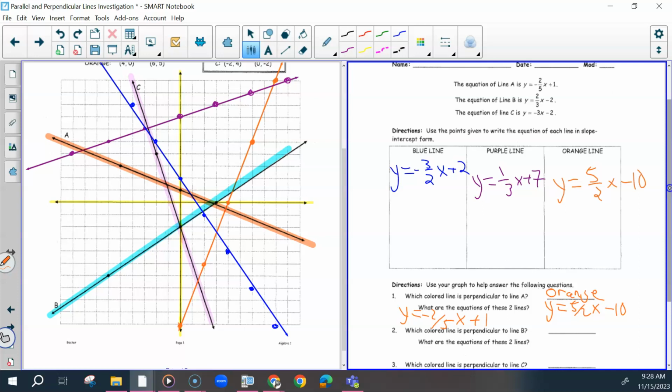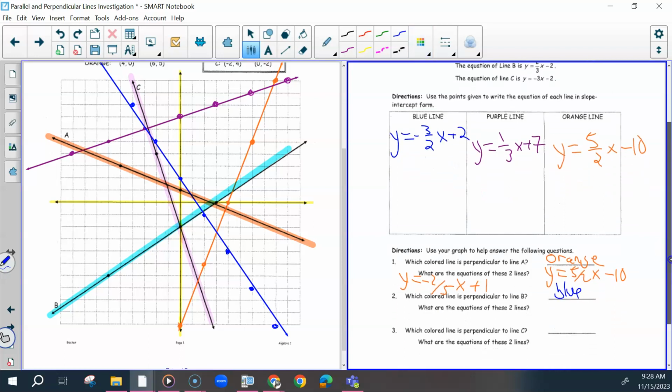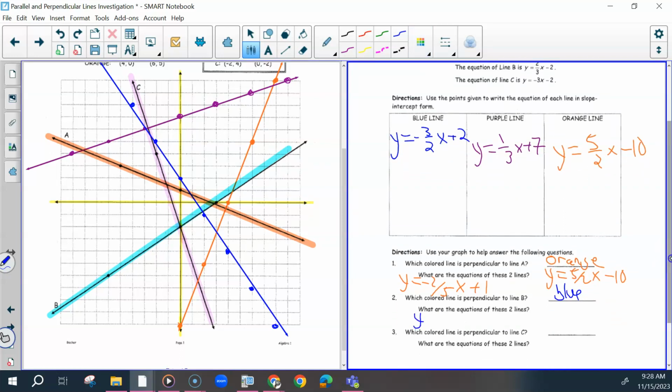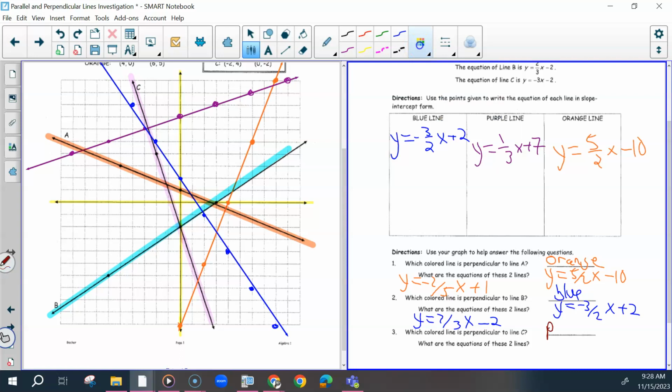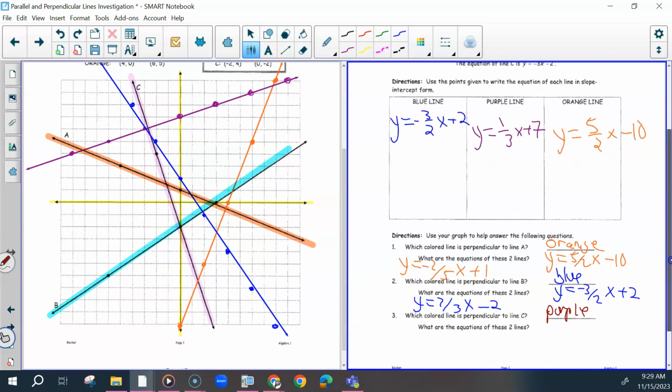So line B, blue. You can write the equation of your line B and your blue line. And then by default, the last one is purple. You can write those equations as well.